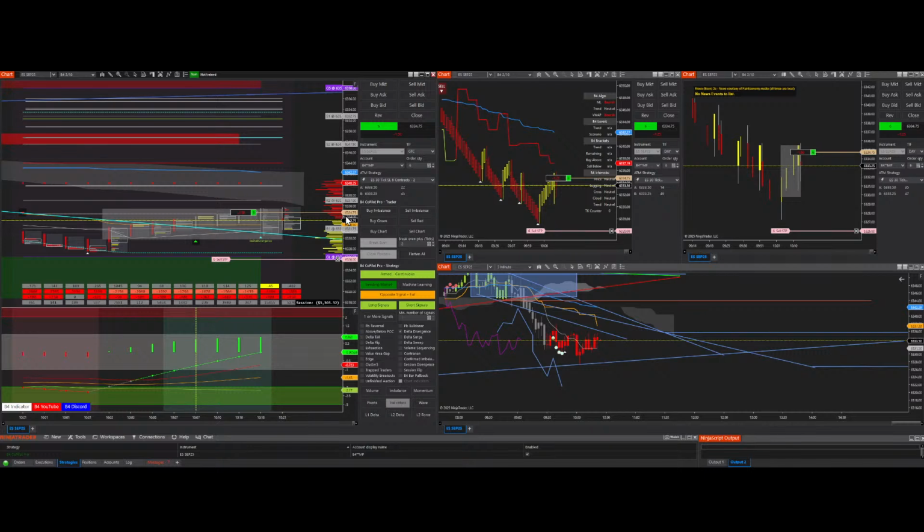Like we said, we looked at the Chikou trail earlier, and we said there's a possibility, looking above the Chikou, of it just chopping and grinding. And that's what we're doing, we're chopping and grinding.